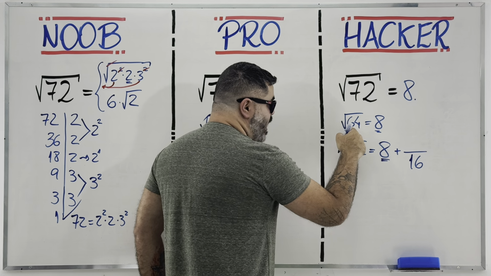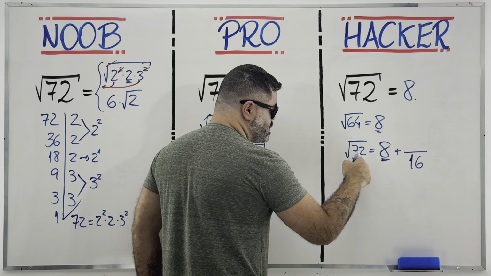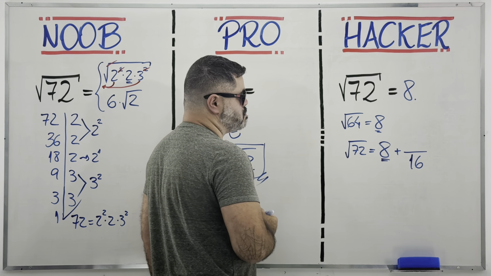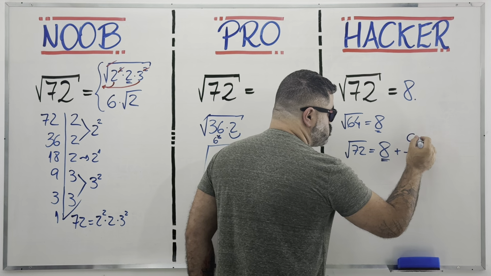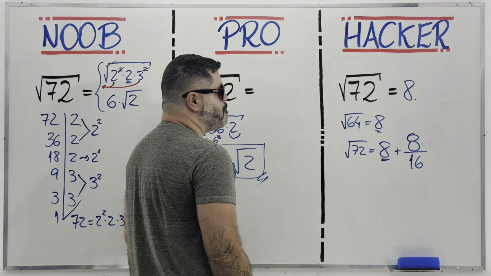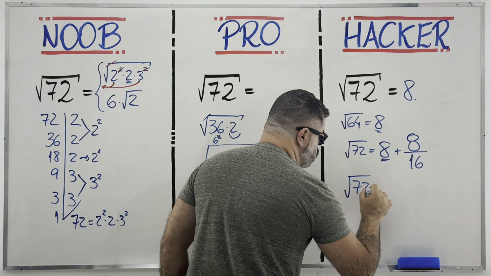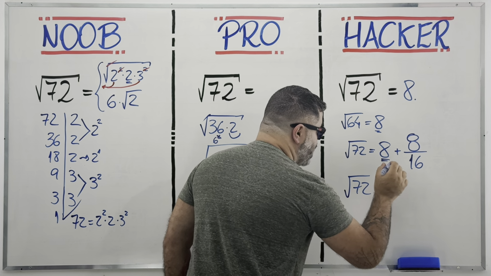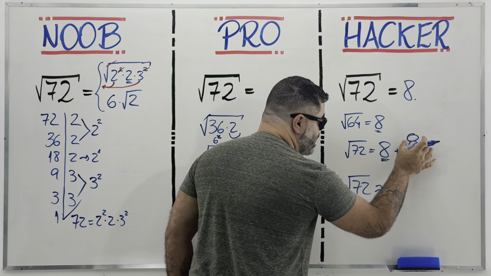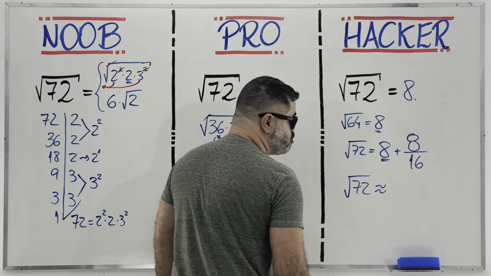What number do you have to add to 64 to get 72? 8, okay? So you are going to put the number 8 right here. And this is it. The square root of 72 is approximately 8.5, because 8 divided by 16 is 0.5.